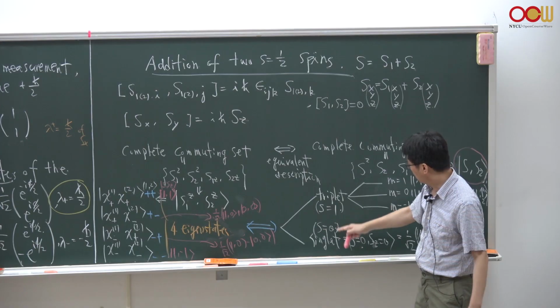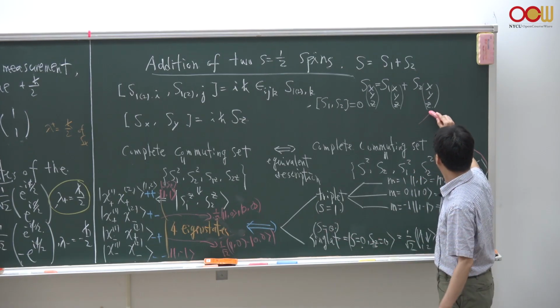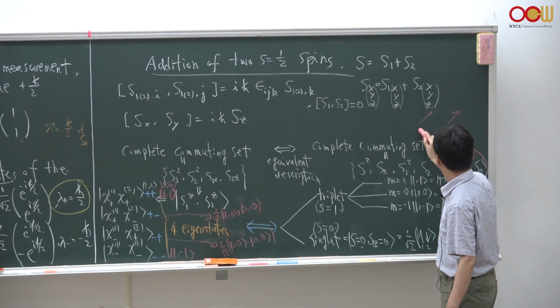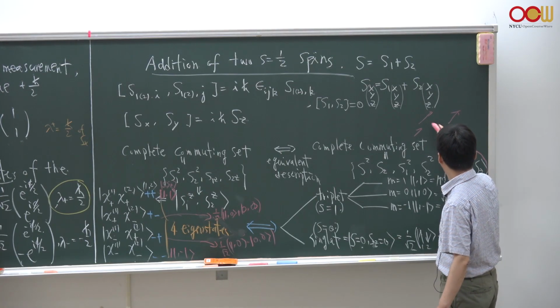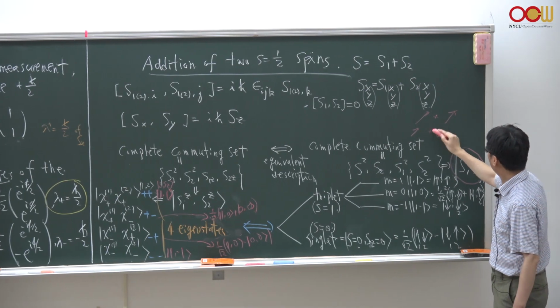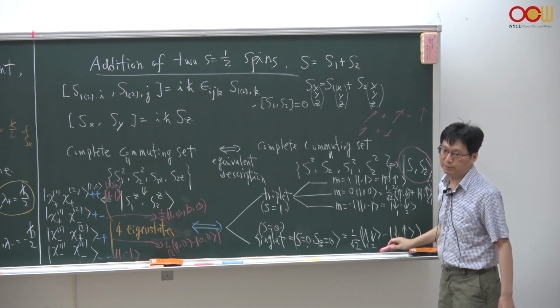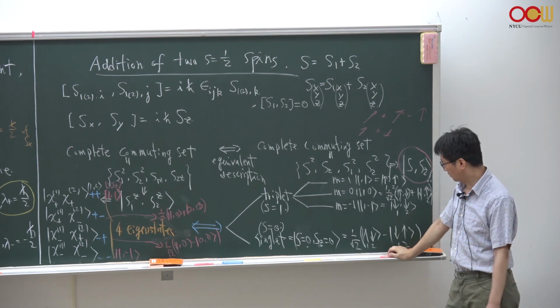One is total spin 1, another is total spin 0, because if you consider two spin 1/2 objects, they could be either parallel or anti-parallel together. If they are parallel, you get spin 1, but if they are anti-parallel, they get cancelled.